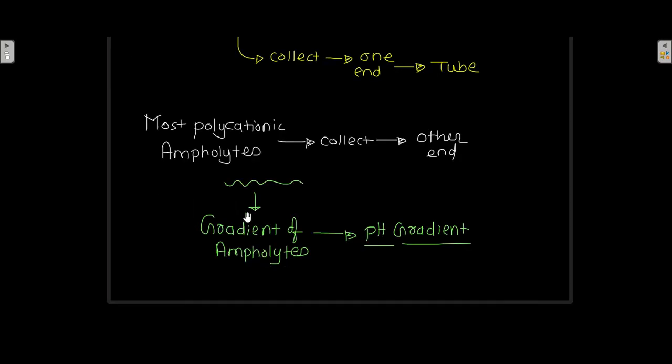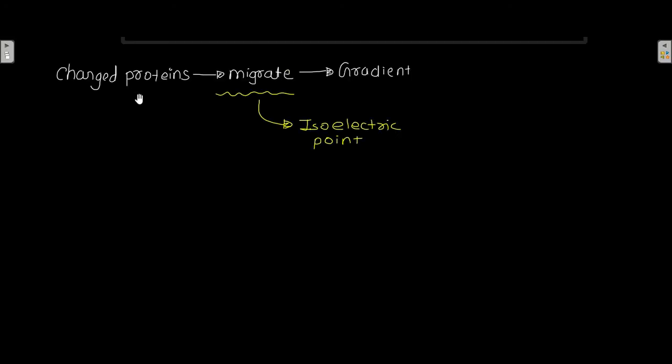This gradient of ampholytes establishes the pH gradient. Now the charged proteins will migrate through this gradient until they reach the isoelectric point.